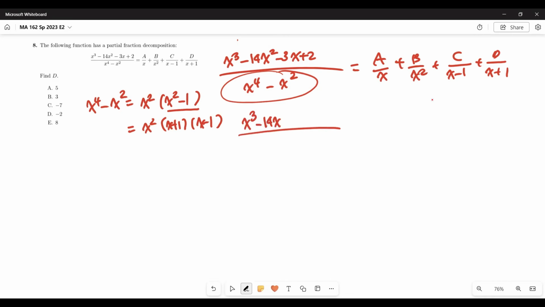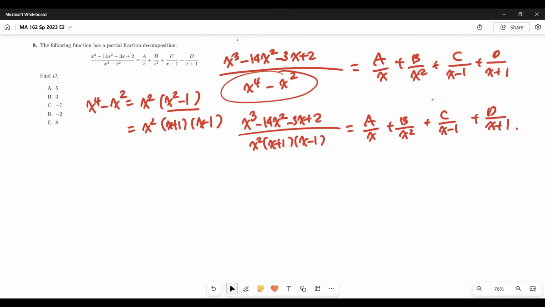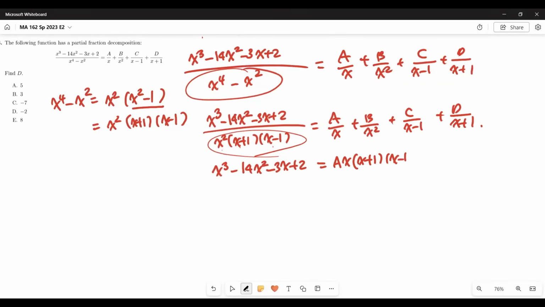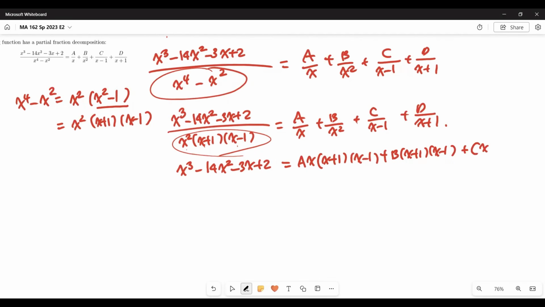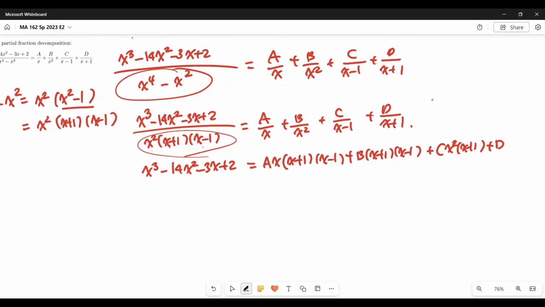So we don't want the denominators, so we're going to multiply both sides by x squared, (x plus 1), (x minus 1) to get rid of the denominators. x cubed minus 14x squared minus 3x plus 2 is equal to ax(x plus 1)(x minus 1) plus b(x plus 1)(x minus 1) plus cx squared(x plus 1) plus dx squared(x minus 1).